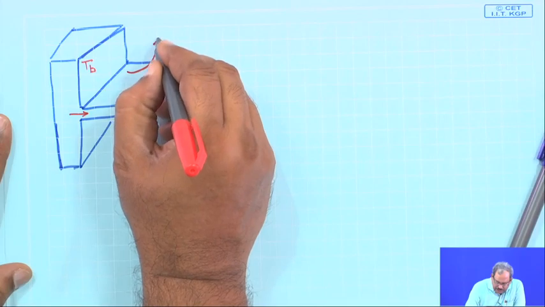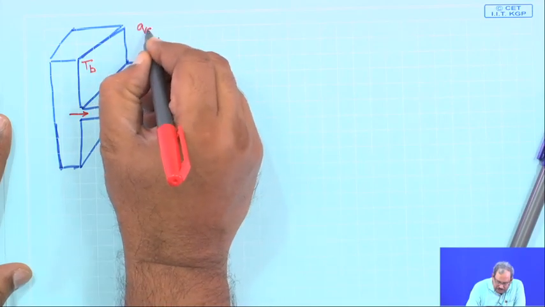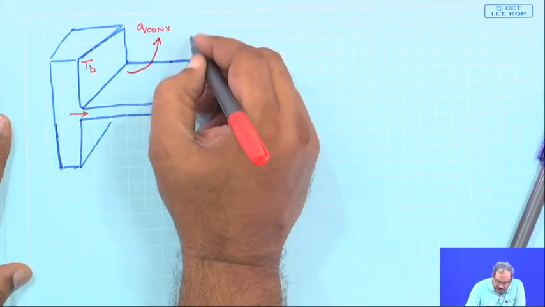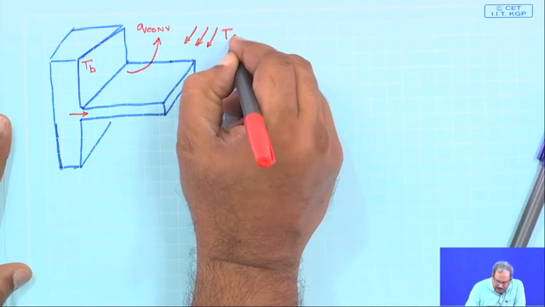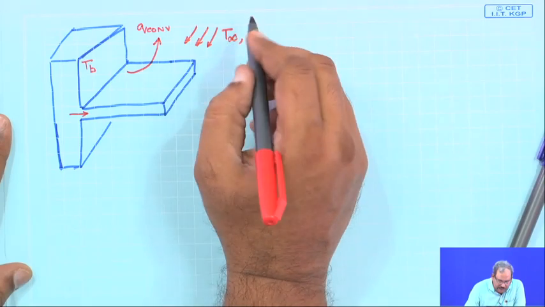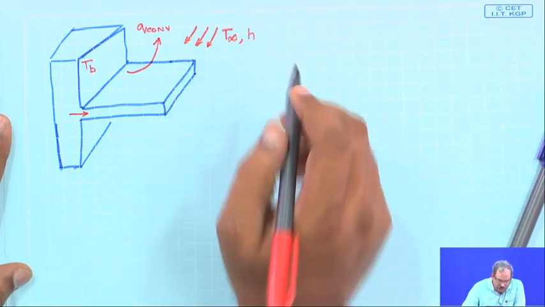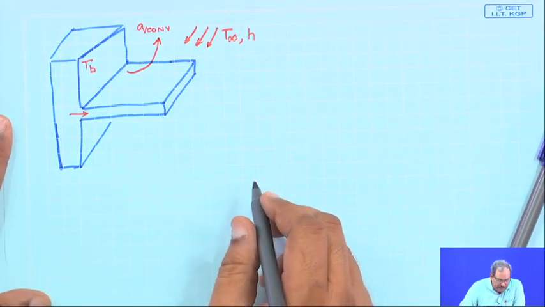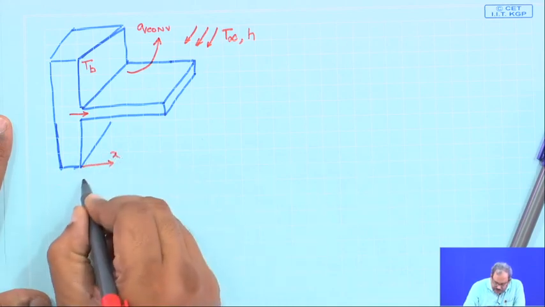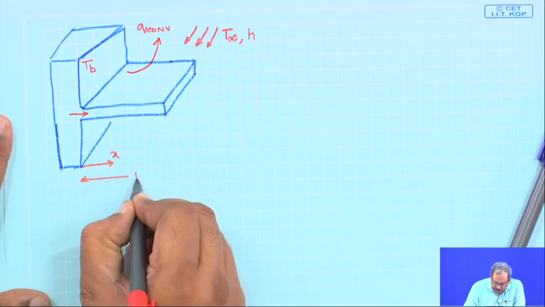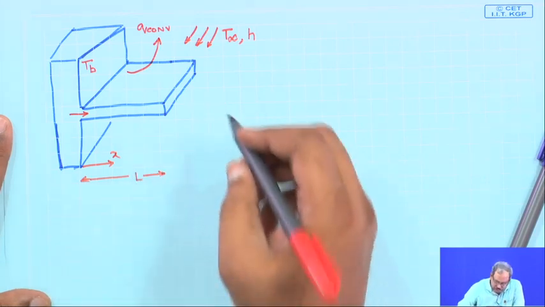The convection is from here. So, this is Q convection, as a result of, let us say, air flowing over the fin at a temperature of T infinity with a convective heat transfer coefficient of H. This is my x direction and the entire length of the fin is L.